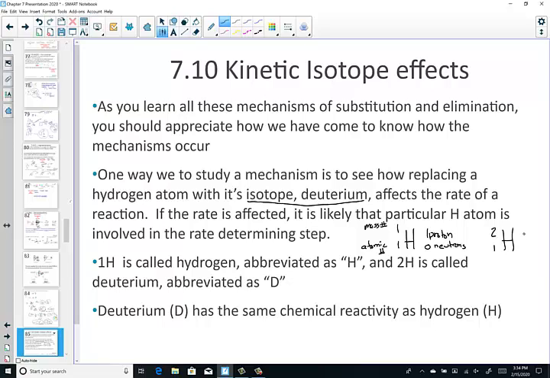Hydrogen 2 tells me this has 1 proton and it has 1 neutron to give me a total mass of 2. It's a heavier hydrogen. Now, just because it's heavier, has a neutron with it, it does not change the chemical reactivity. It does everything exactly the same as what's called proton there, the hydrogen 1. It's just that it's a little heavier and therefore we can track it.